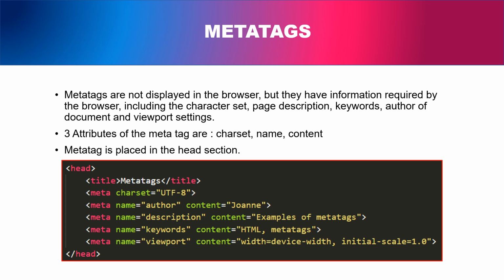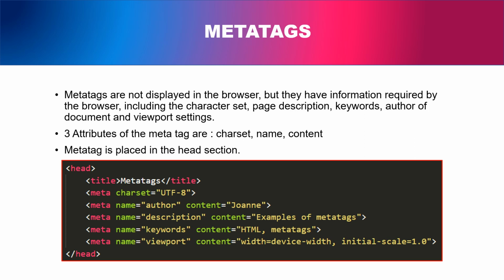If you're using the name attribute in the meta tag, then you will also put the content. If the name is the author, then the content will obviously be the author's name. If the name is the description, you will put the description in the content, whatever it may be. If the name is keywords, you will put the keywords separated by commas, all within the double quotation marks.